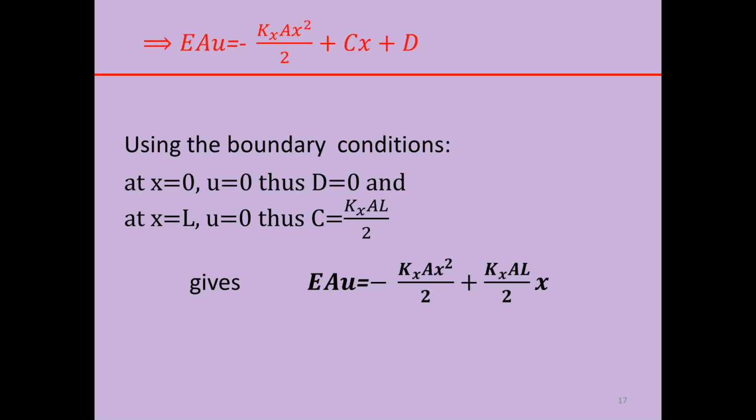Now, using different values of input parameters such as E, A, kx, we can obtain the solution at different values of x to get the value of displacement at that value of x, and we can very well have a graphical plot.